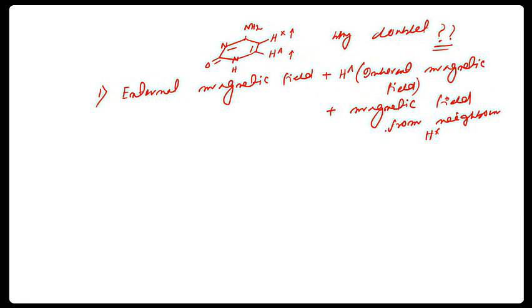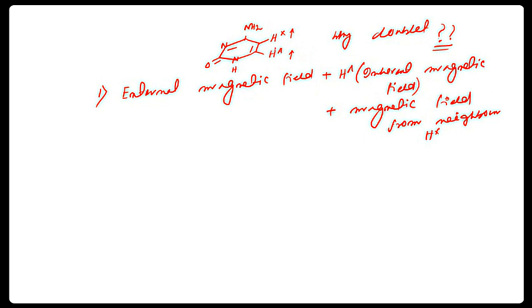Again, just to visualize it, there are three components: the external magnetic field that HA faces, plus its inherent magnetic field that comes from its own nuclear spin, plus the magnetic field from the neighboring protons. Now you'll see the interaction between them.